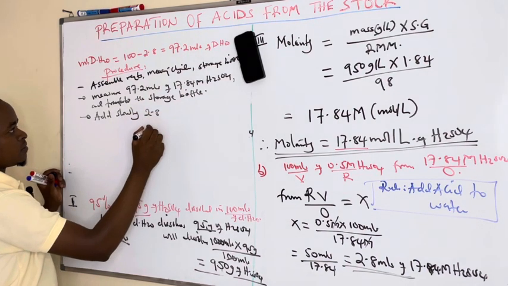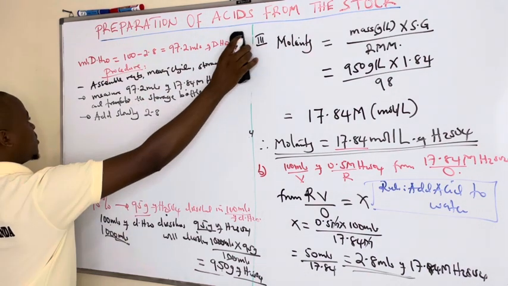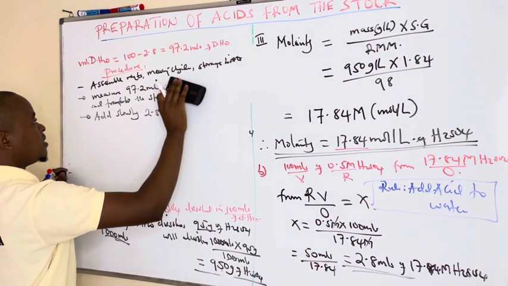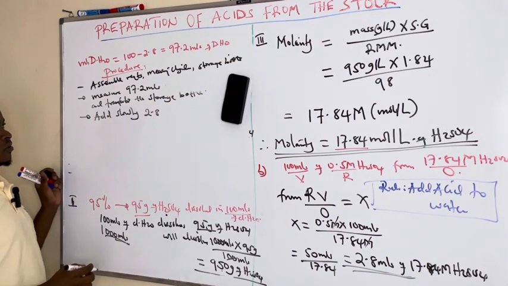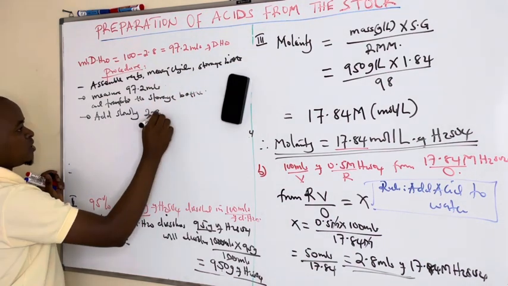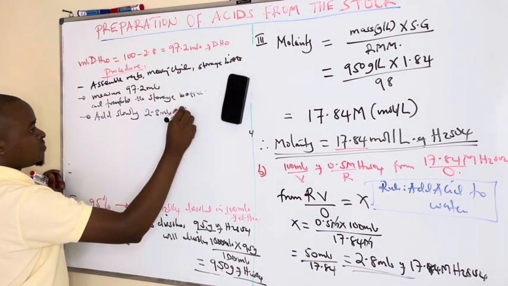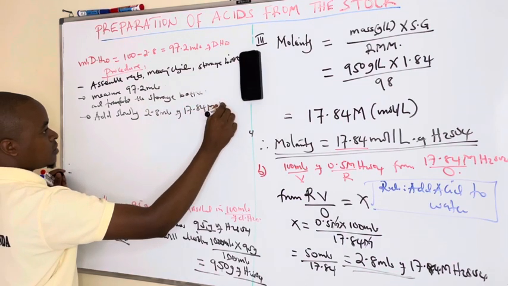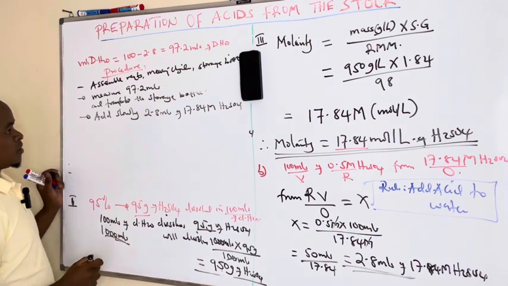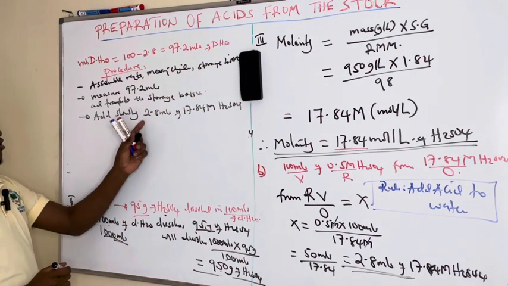You add slowly 2.8 mils. No, this one is not of the sulfuric acid, this is mils of water, and you transfer into the storage bottle. Then you pipette 2.8 mils of 17.84 molar sulfuric acid. So you add slowly 2.8 mils.